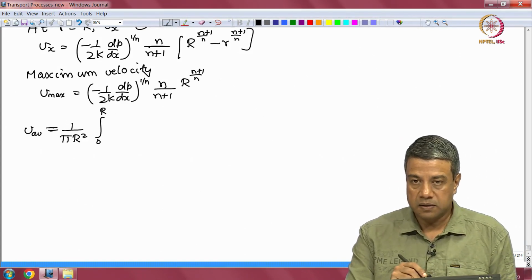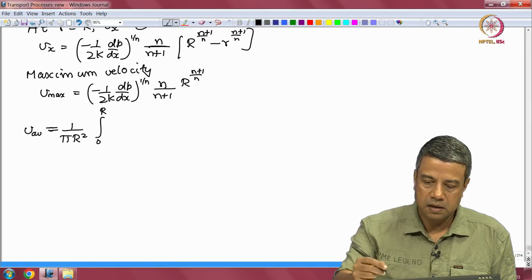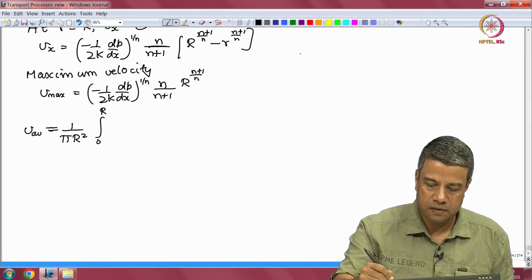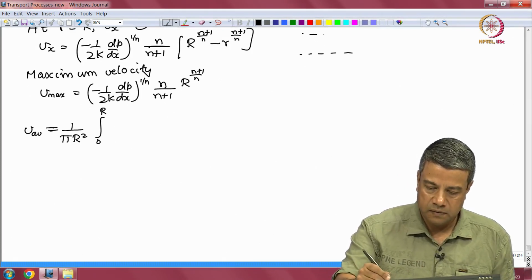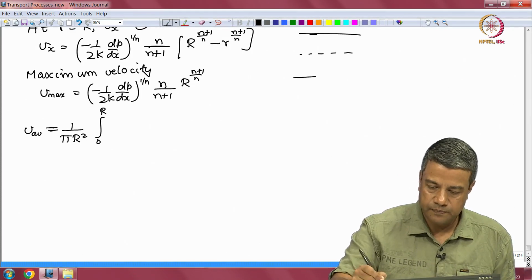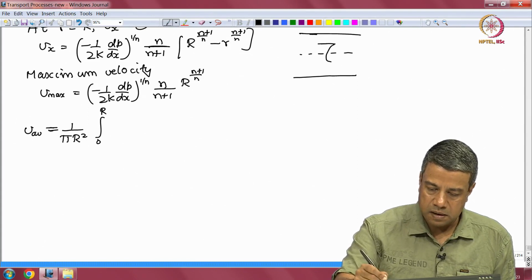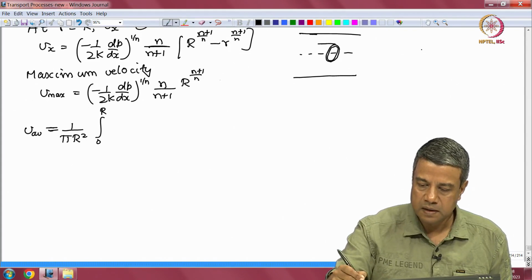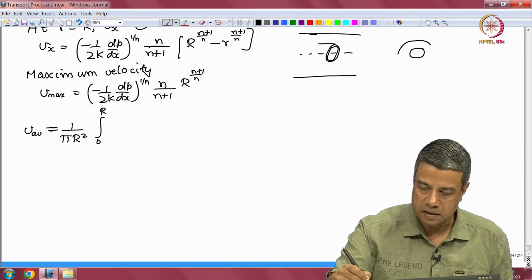Recall that we had done this calculation for the flow rate before, for a pipe. We had taken a cylindrical volume of thickness delta r.